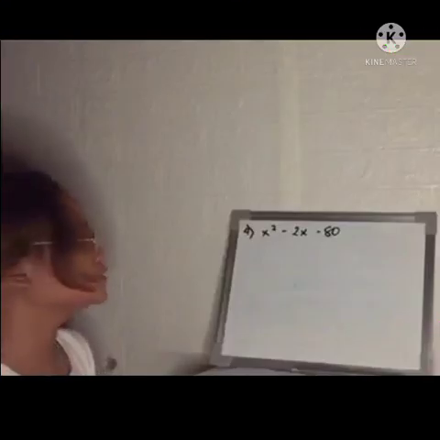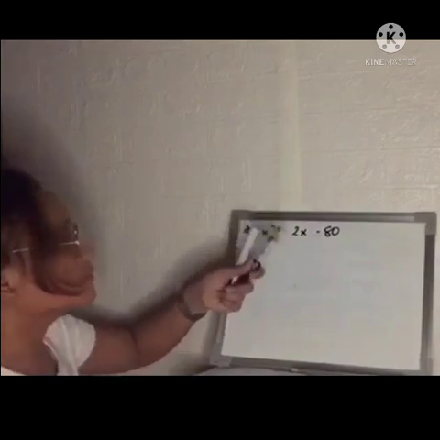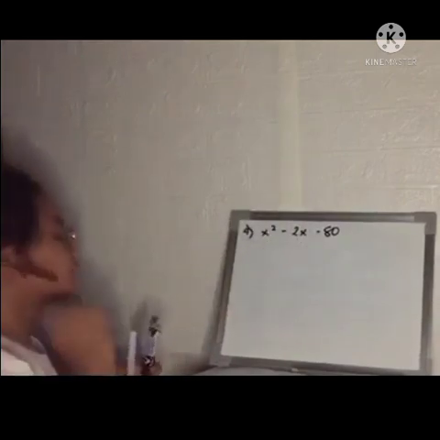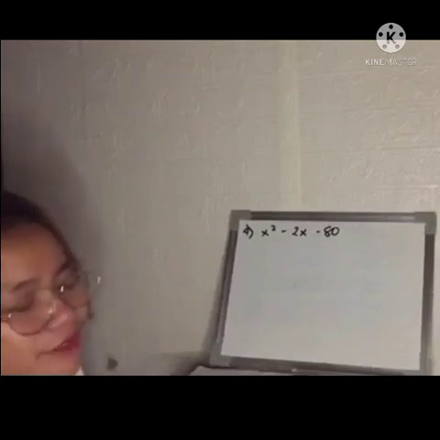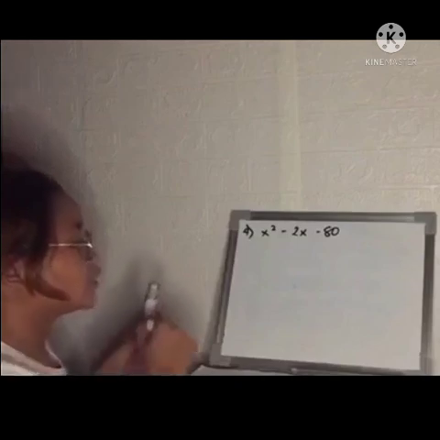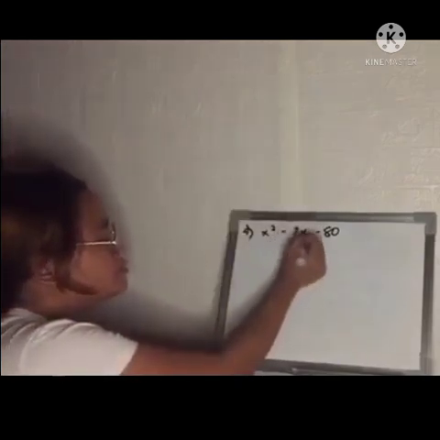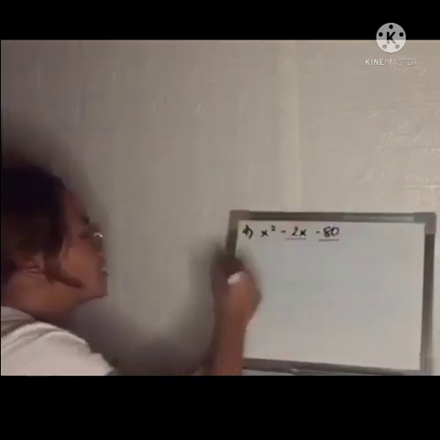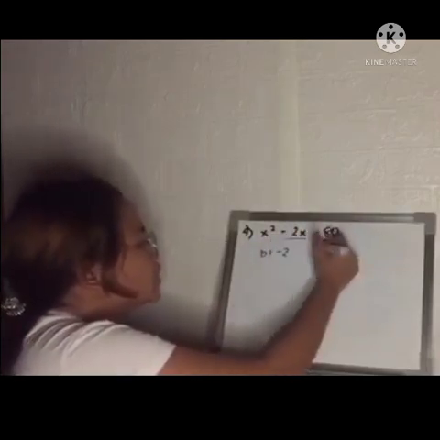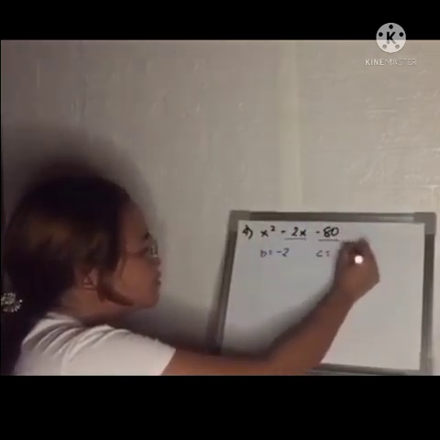Example number 4. X squared minus 2x minus 80. So, in factoring trinomials, the first step is to identify the values of b and c. B is equal to negative 2 and c is equal to negative 80.